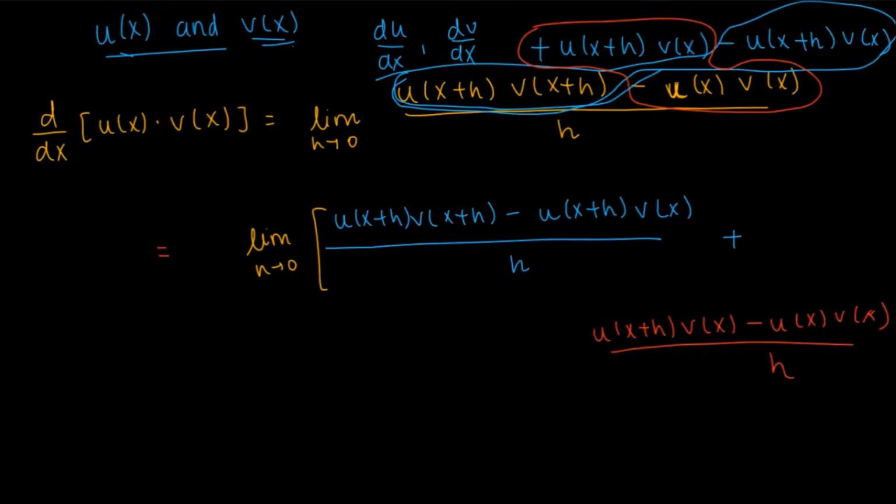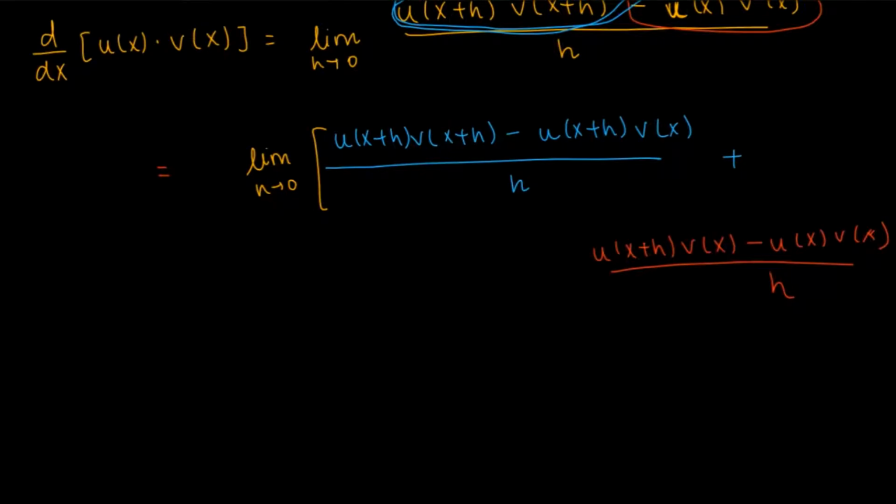Now the limit of the sum is equal to the sum of the limits. This is something that we have established a long time before. So what this means is that I can write this as the limit as h goes to 0 of, and let's just take u of x plus h common out.